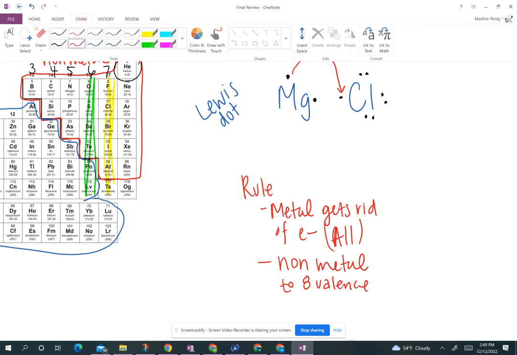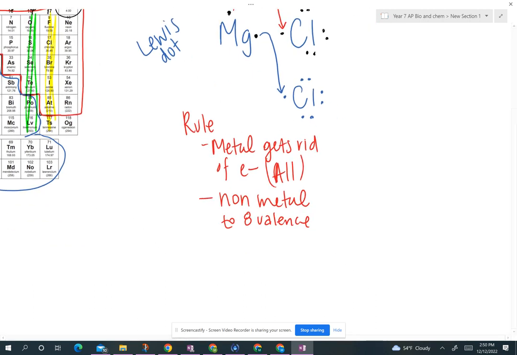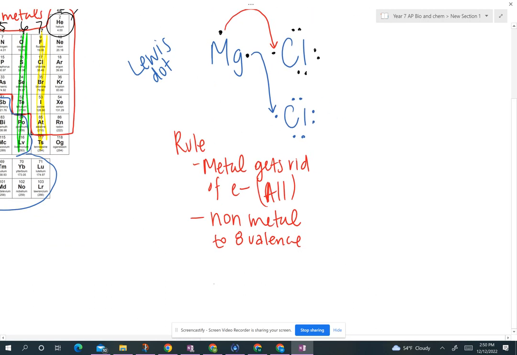So what I'm going to have to do is draw in another chlorine. And this chlorine is going to take the last electron on there. So what I end up with is an Mg and I have a Cl.